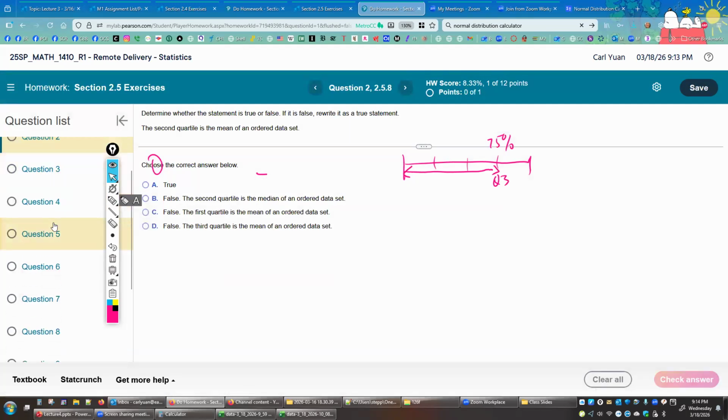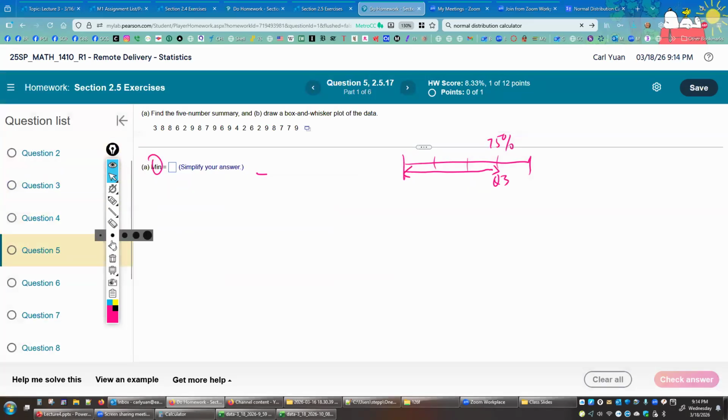Next question. So let's do 5. Number 5. Find the 5-number summary and draw the box and whisker plots. I know the 5-number summary. We can use StatCrunch to do it, and I think it's pretty easy. So I'm going to click on the icon, open in StatCrunch.